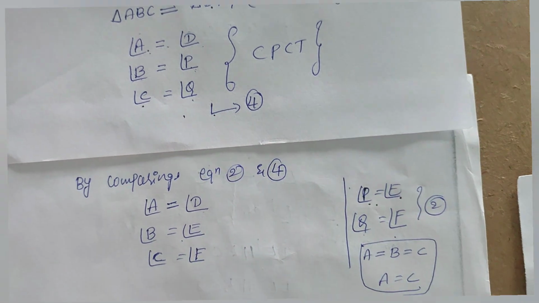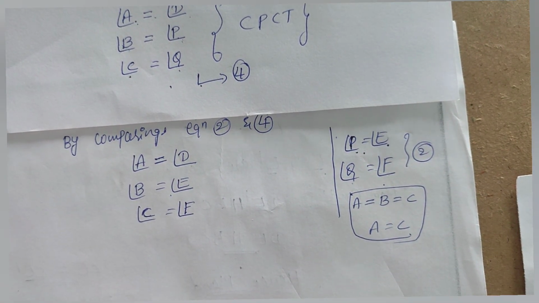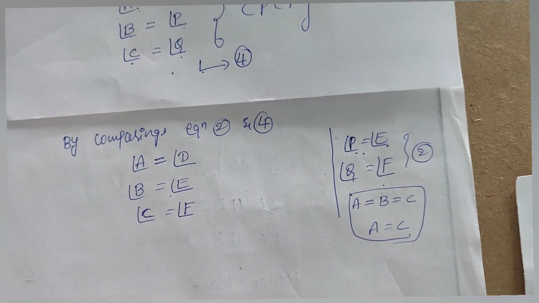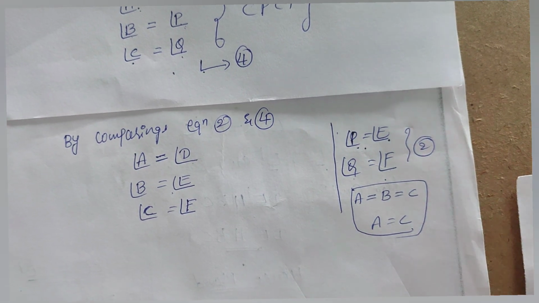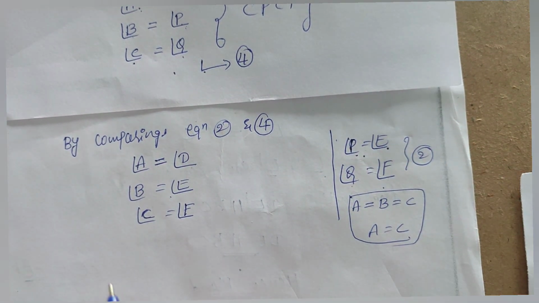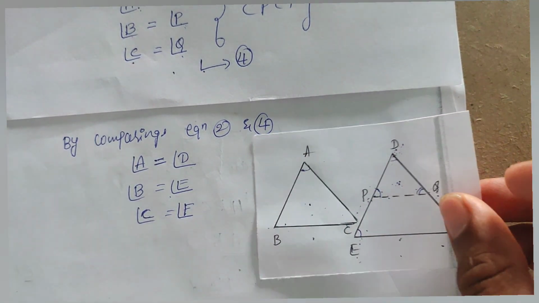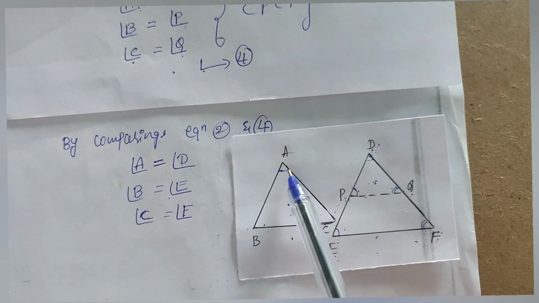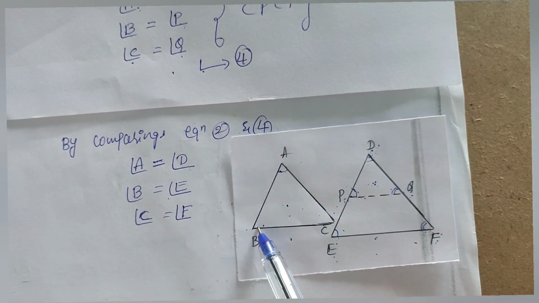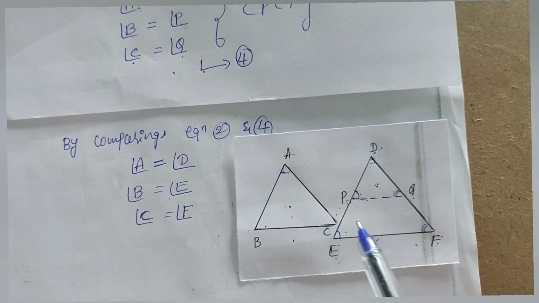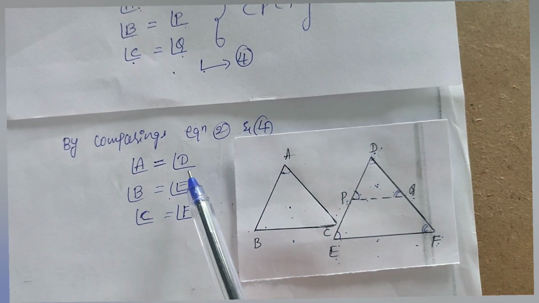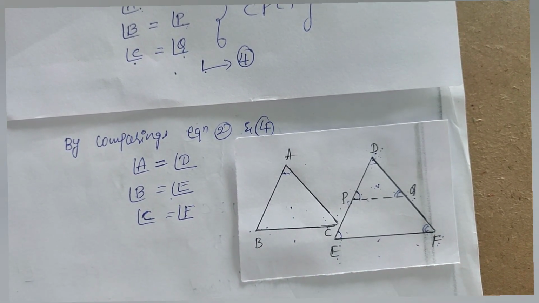So now the first part of this theorem is completed. You have to prove the corresponding angles are equal. That is, in the figure, angle A is equal to angle D, angle B is equal to angle E, angle C is equal to angle F. This is what we required.